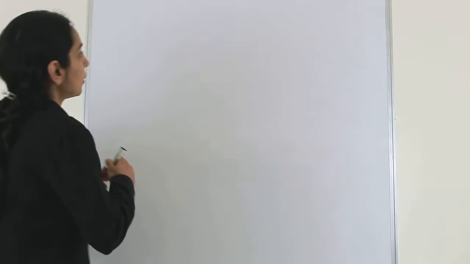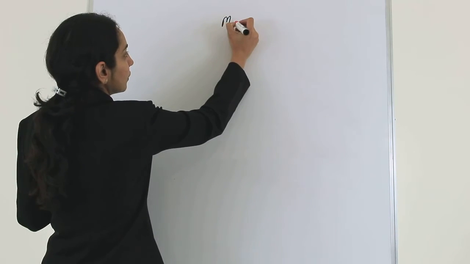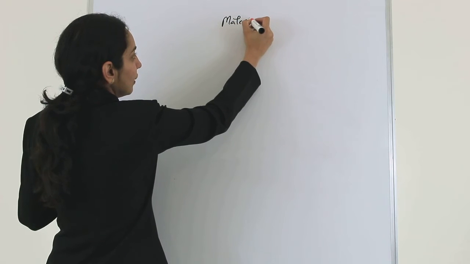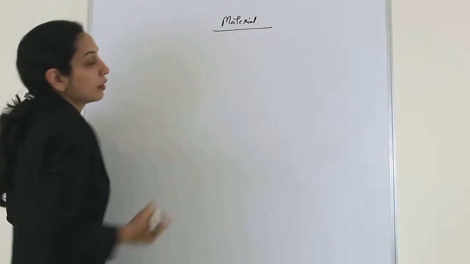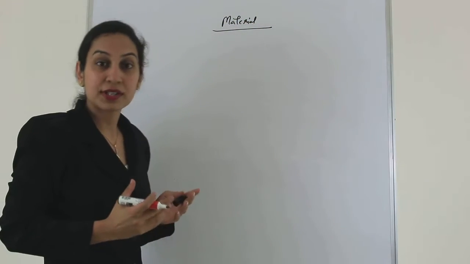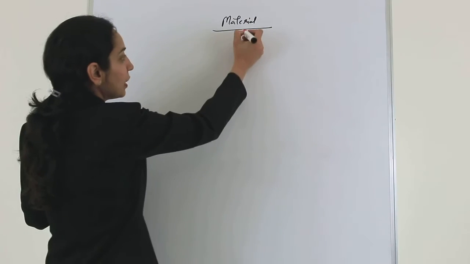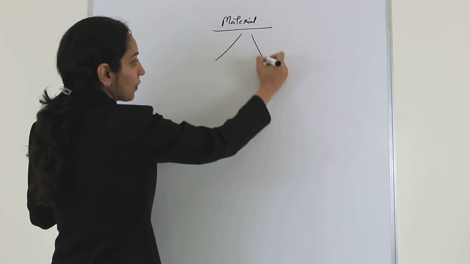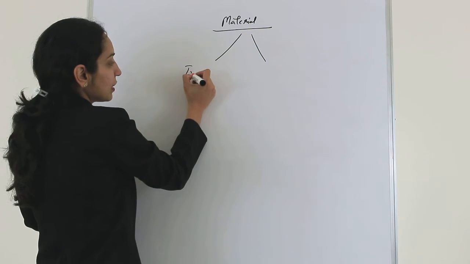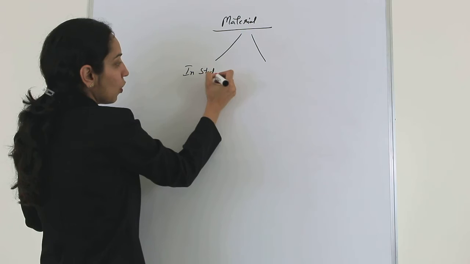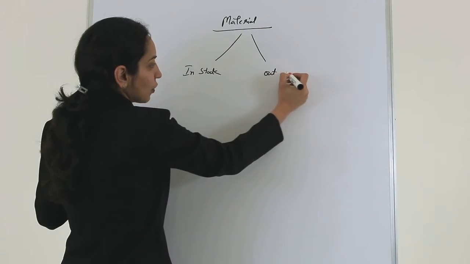So let's start with materials relevant cost. One, that is material cost. Now when do we classify the cost as relevant and when do we classify as non-relevant? Let me give you two situations. Either the material is in stock or material is out of stock.